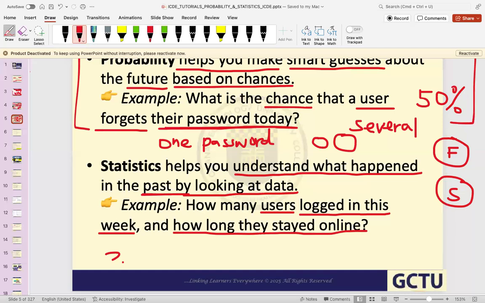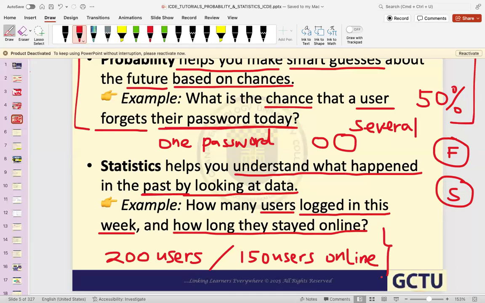So probably the system will say 200 users used their login credentials to log into the system. And then after logging in, probably about 150 users were staying online. So that one will also have a record for you. For this case, the data has been generated already. We call it the past data.